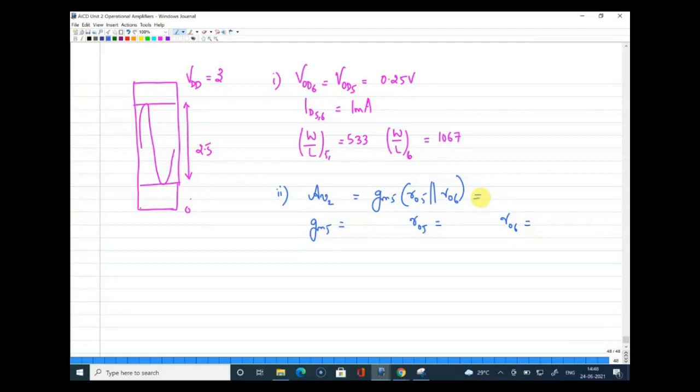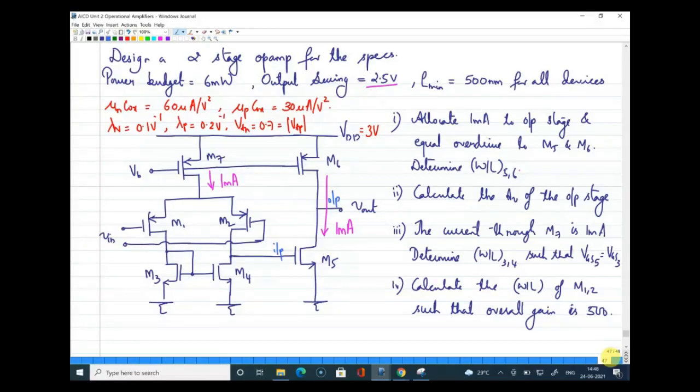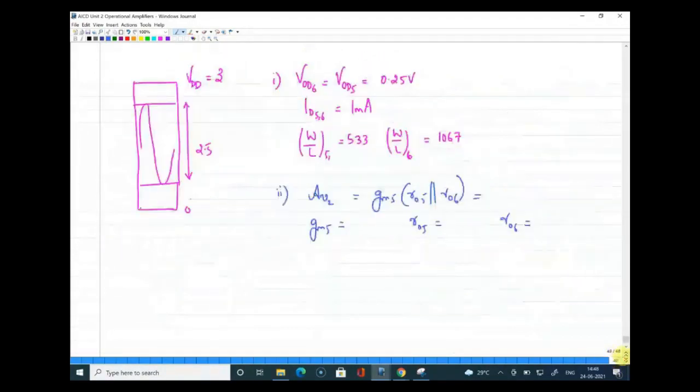What are R05, R06 and GM5? With those values, you can get the voltage gain of the second stage. Any answers for this? GM5, R05 and R06.